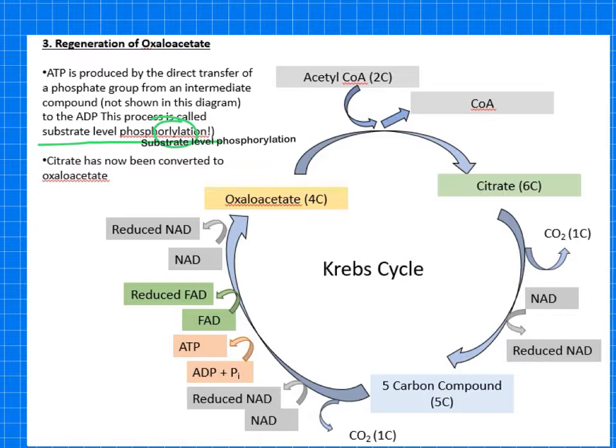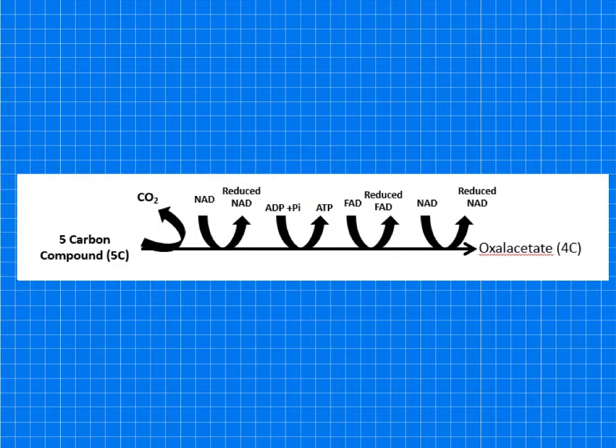So now the 4-carbon compound has been converted back into oxaloacetate, and it's back into the Krebs cycle. So it's allowing the constant cycling. Now, there's quite a lot going on there, and I think I've got a really good way of remembering all the NADs, FADs, ATPs, etc. But before I show you that, here's just a quick summary.